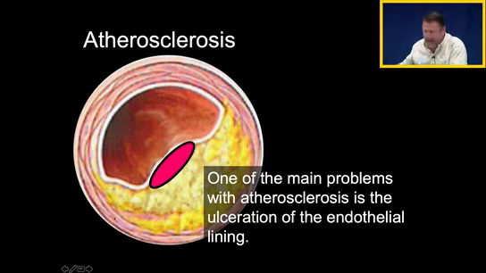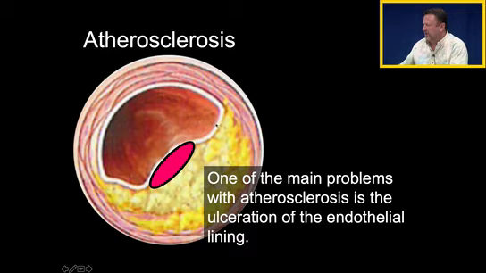atherosclerotic plaque has an endothelial lining on it. And this little white line is the lining of the inside of the artery, and it is very, very, very important to blood clotting and the health of the artery. And notice this endothelial lining right here is laying nicely against the arterial wall the way it's supposed to.